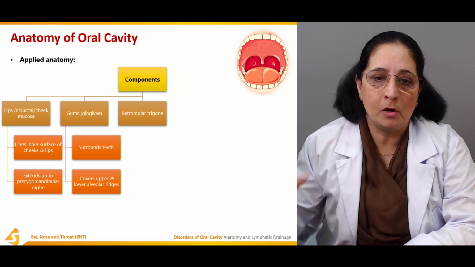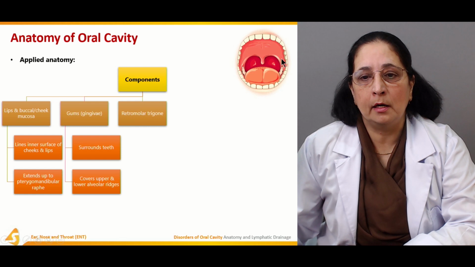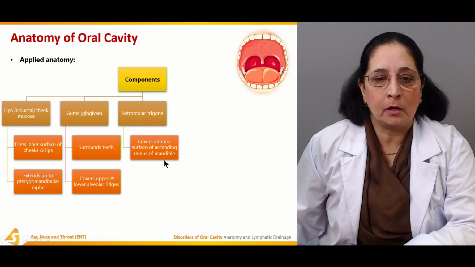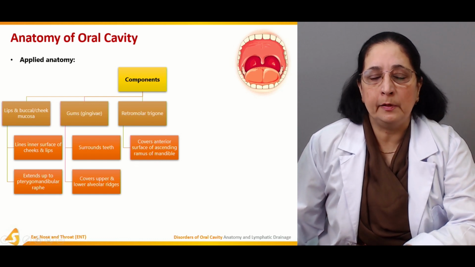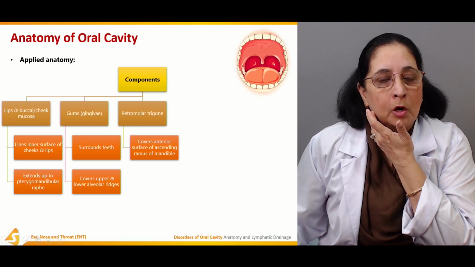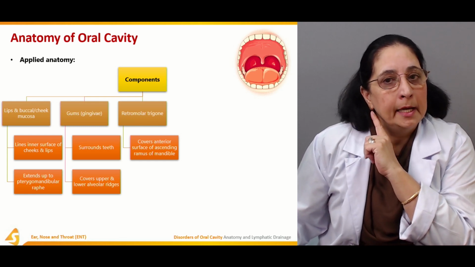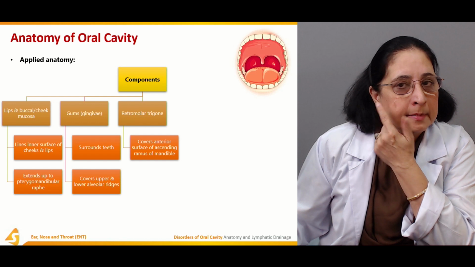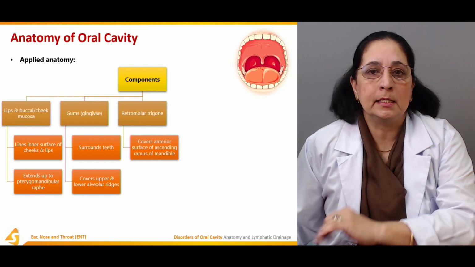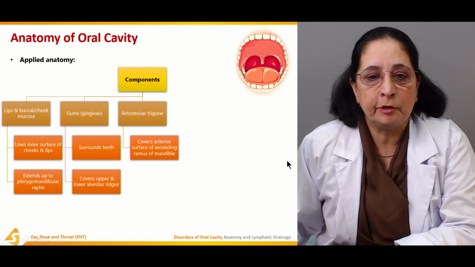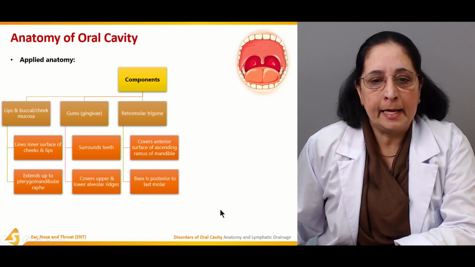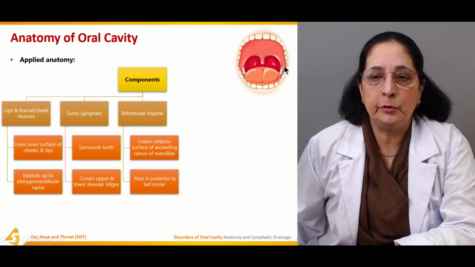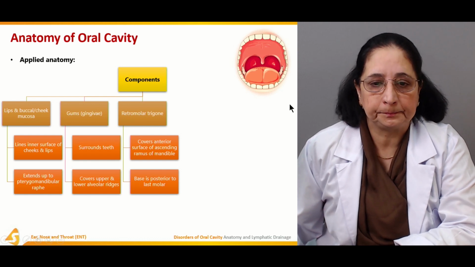There is a trigone known as the retromolar trigone. It covers the anterior surface of the ascending ramus of the mandible. Mandible is this lower jawbone, and the ramus of the mandible goes up. So the ascending ramus is covered anteriorly by the retromolar trigone, and the base is posterior to the last molar tooth.